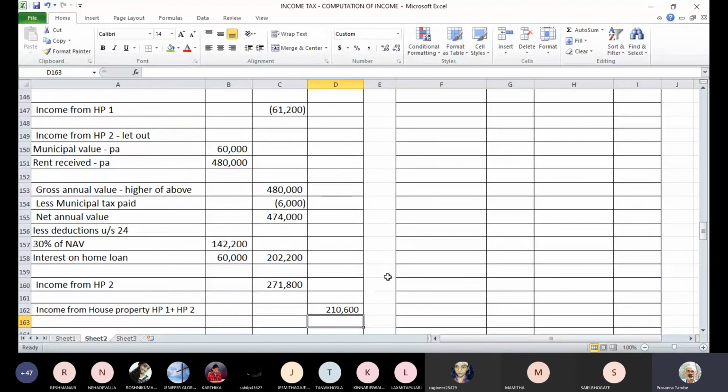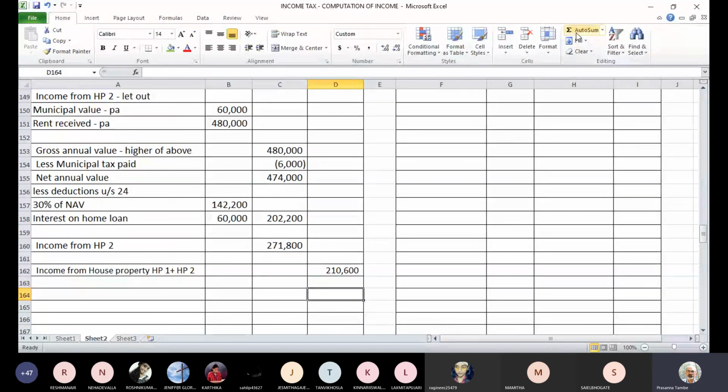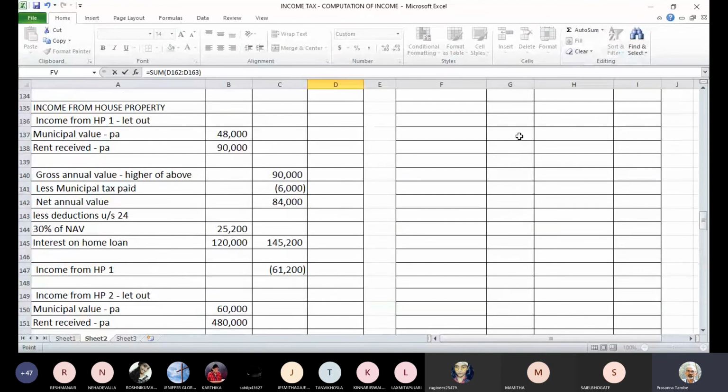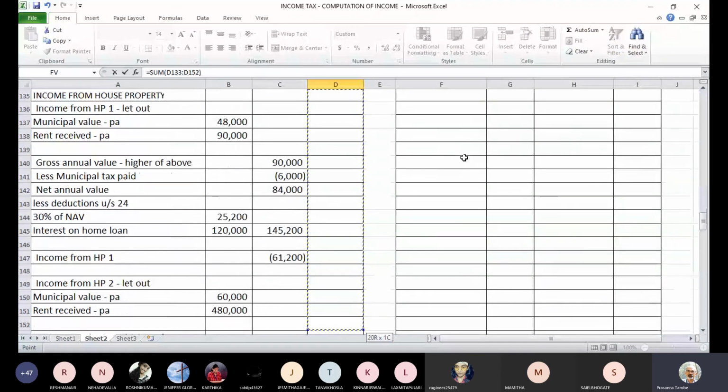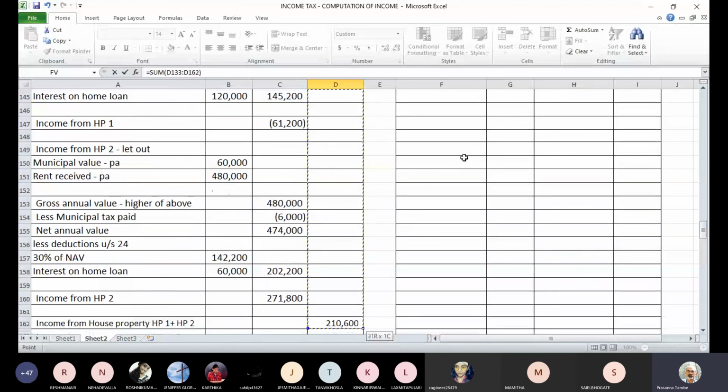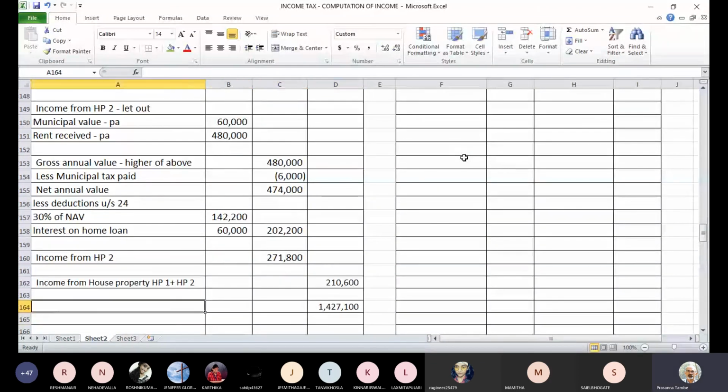So the total in the final column, taxable salary plus house property income, is your gross total income. Gross total income is 14,27,100 rupees. That is the gross total income.